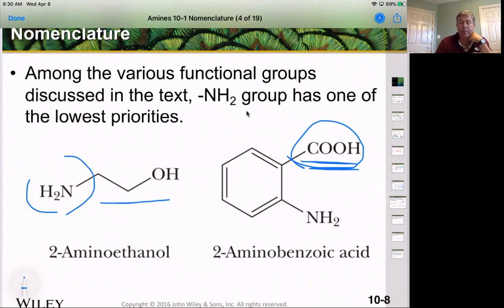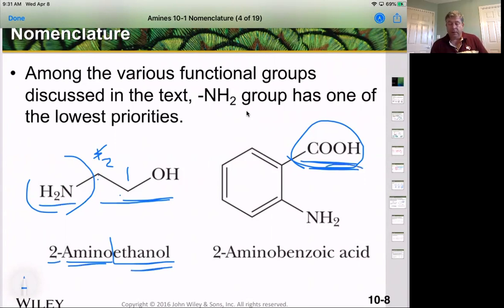So when we have an amine group as a substituent, we call it the amino substituent, and then we name the rest of the parent. So in this case, we have two carbons. And since we're naming it for the alcohol, this is the 1 position, this is the 2 position. So we have ethanol as our parent, and then we have the amine group on the 2. So we have 2-aminoethanol.